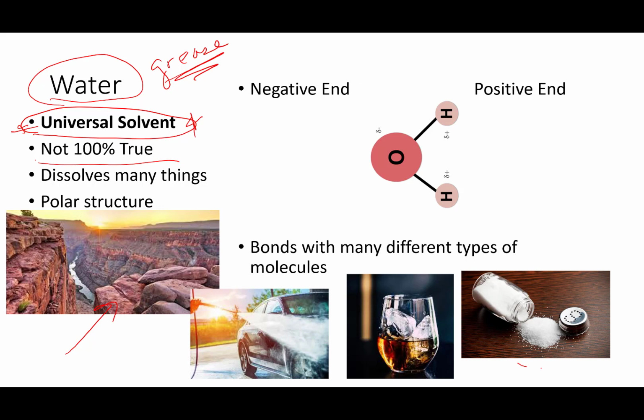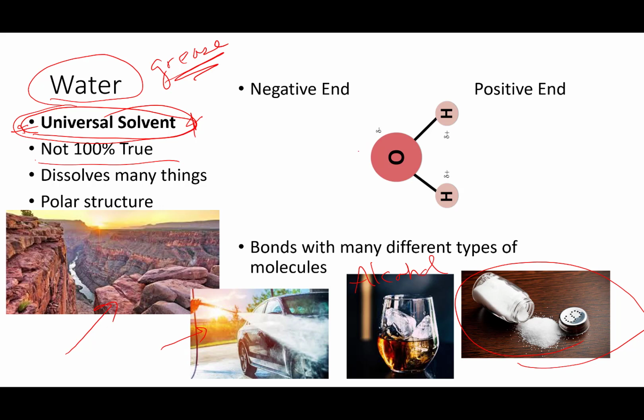Water can dissolve salt and all sorts of salts and minerals. Alcohol and water are 100% miscible, it's called. It's kind of close to the word mixable, but it's called miscible. We use water to wash everything from our dishes to our cars to our bodies because water is so good at dissolving other things.